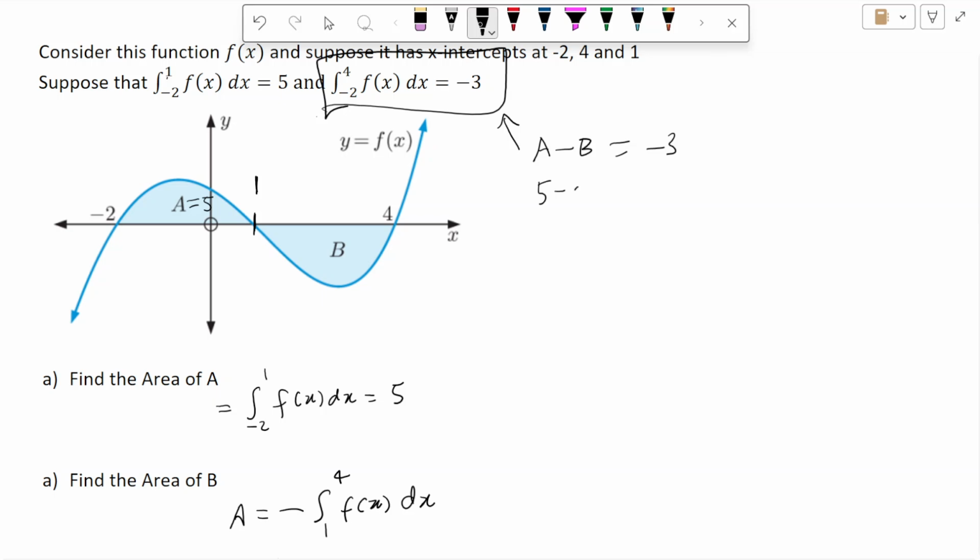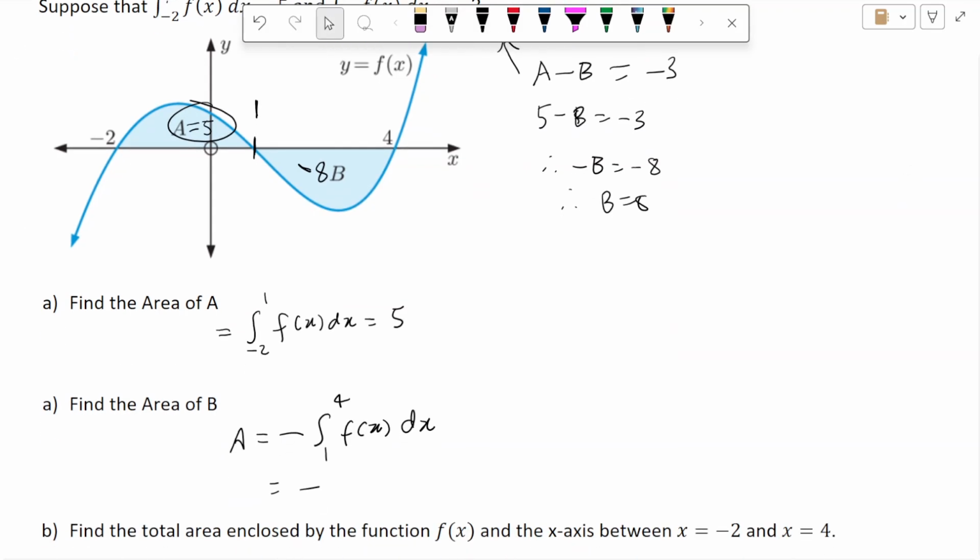It was 5. So therefore minus B is -8. Therefore B was 8. So I'm hoping that makes sense. If this is 5 and 8, and the 8 gets interpreted as a negative, then that would give you -3 when you integrate across the whole thing. So I think we've actually done it. B was 8.